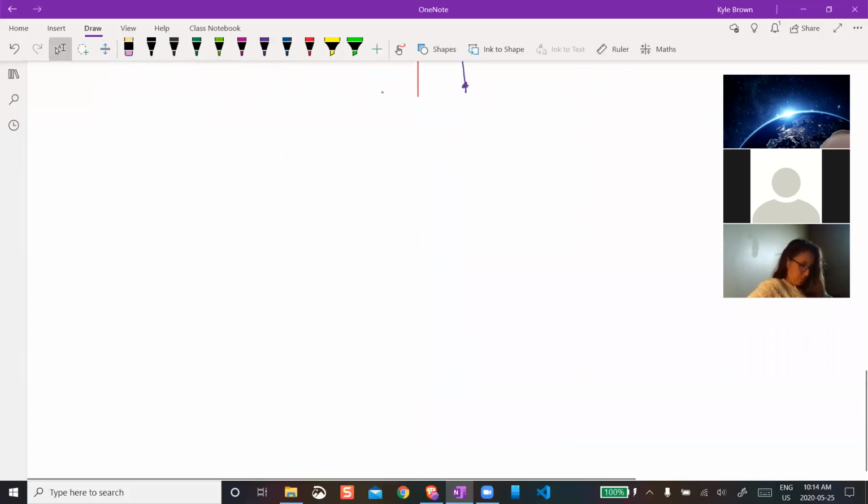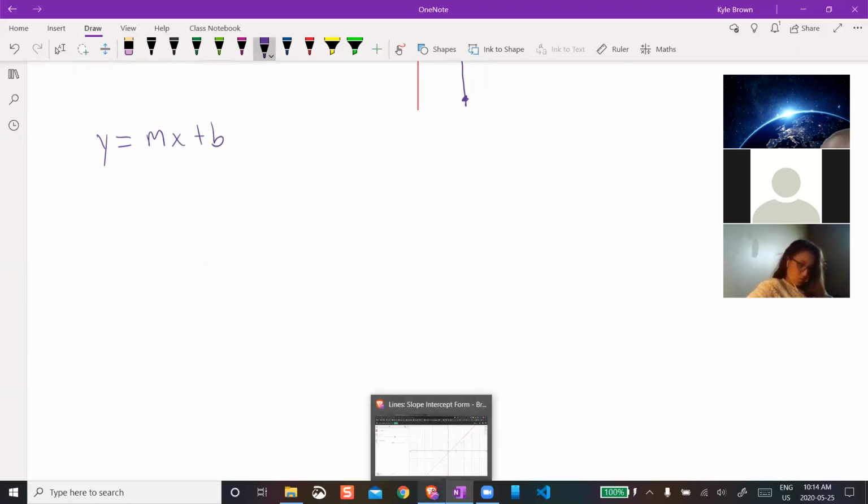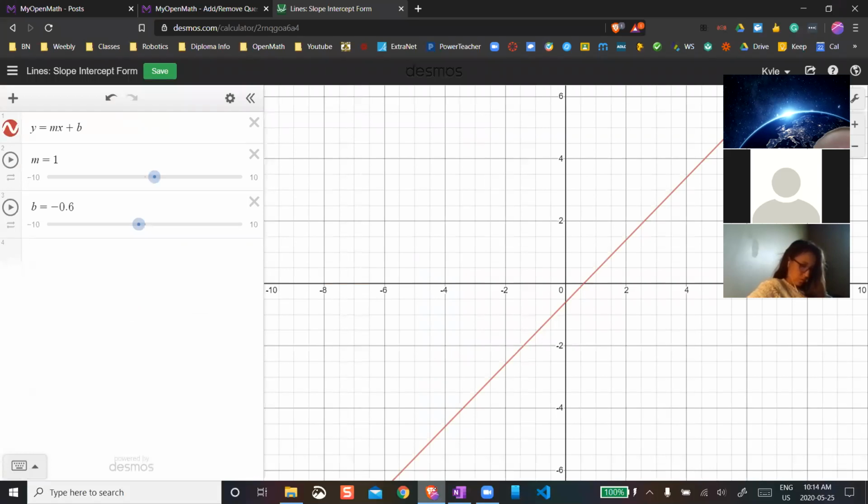All right, so now let's look back into our y is equal to mx plus b. I'm going to bring up this screen. You can see on my graph here, I've got y is equal to mx plus b at the top, and the slider lets me change what my m value is and what my b value is.